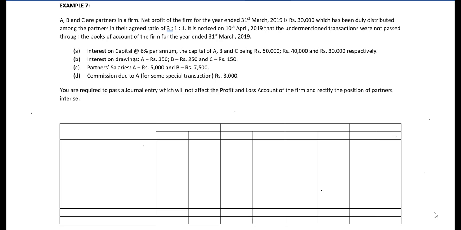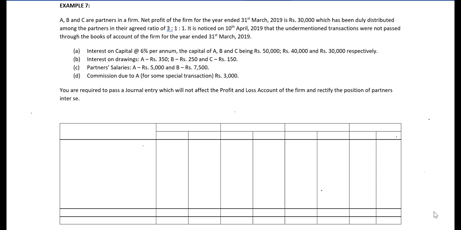A. Interest on capital at 6% per annum. The capital of A, B and C being rupees 50,000, rupees 40,000 and rupees 30,000 respectively. Interest on drawings: A rupees 350, B 250 and C rupees 150.